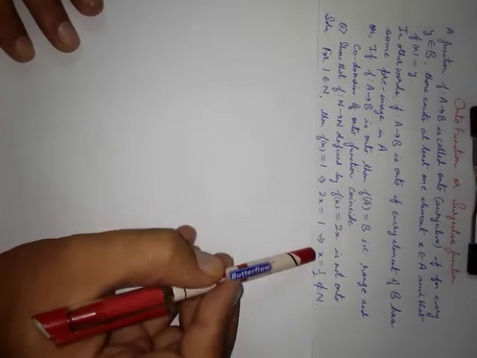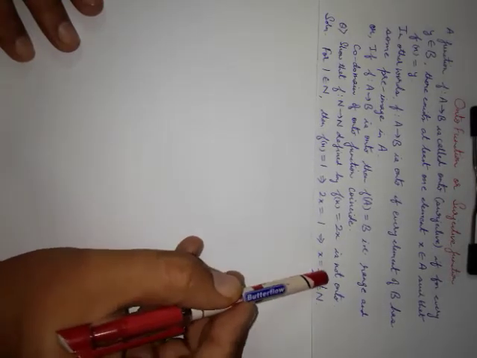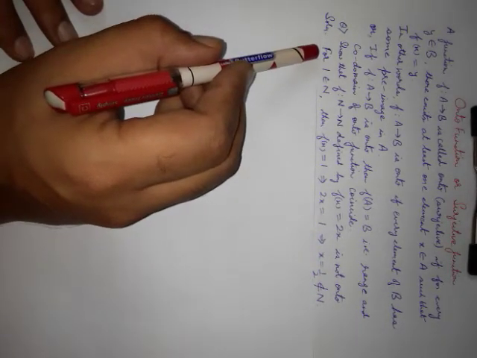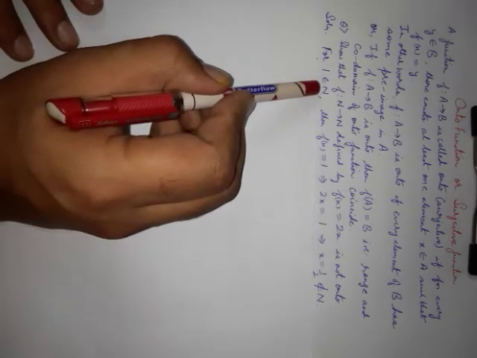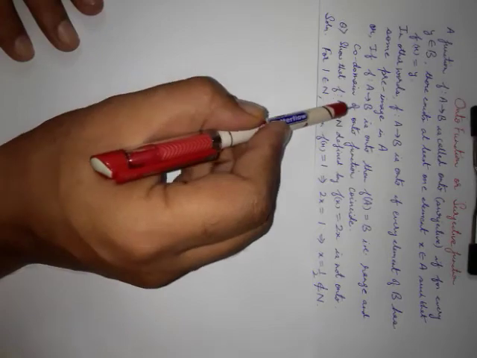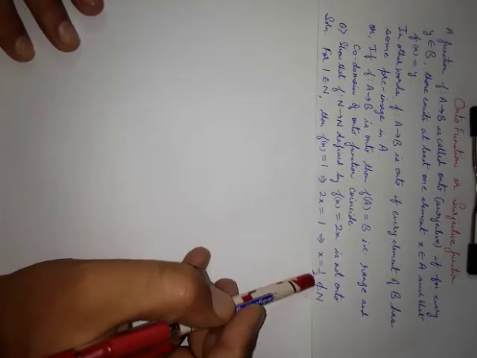The value of x comes out to be 1 by 2. And we know that 1 by 2 is not a natural number. What does that mean? This means that 1, which belongs to the natural numbers, does not have a pre-image in the domain set N. X equal to 1 by 2 does not belong to N.